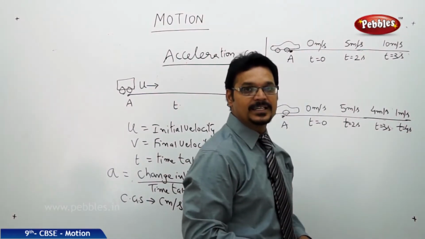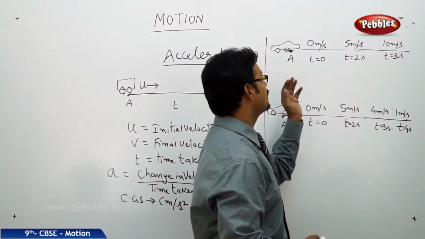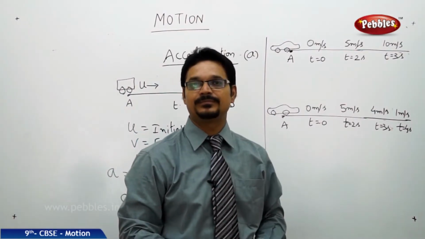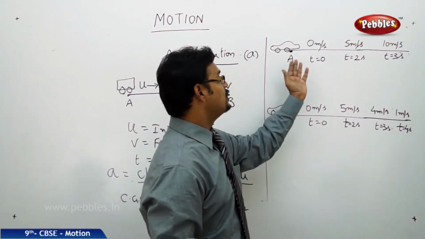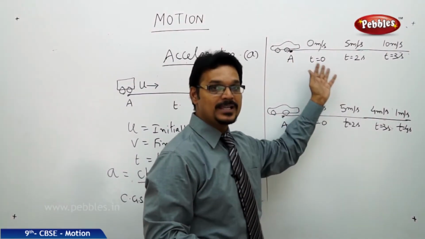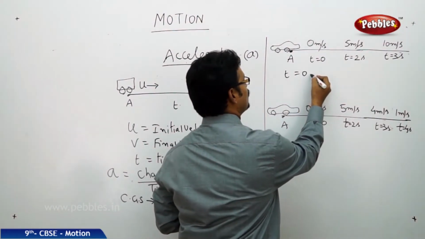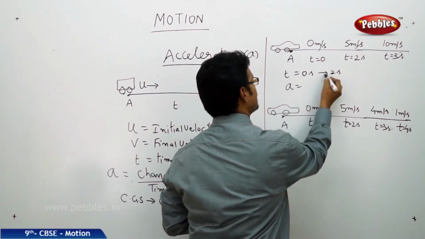At 3 seconds, the speed is 10 meters per second. Then what is its acceleration, if I ask you? First of all, I need to say from 0 to 2 seconds: what is the acceleration of the car?